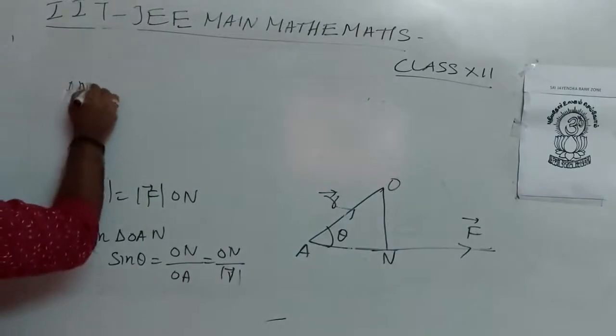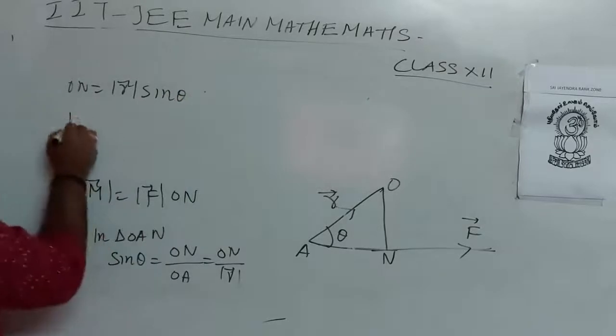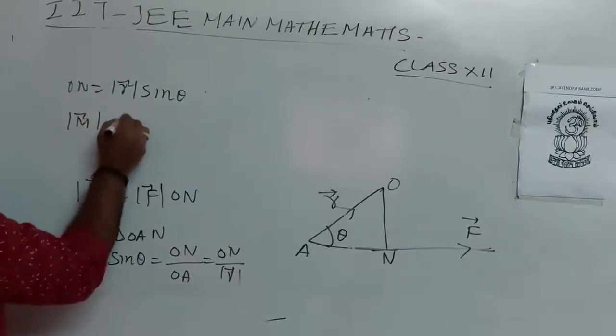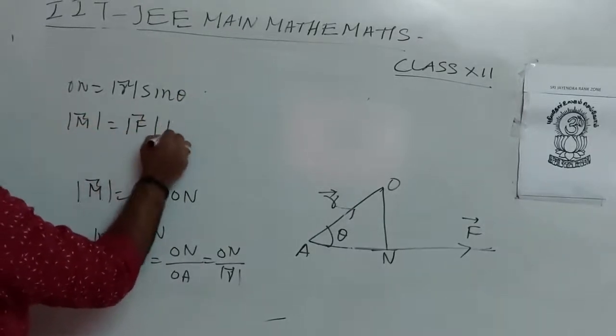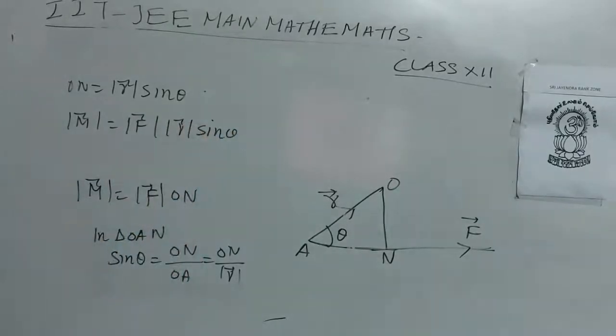So ON equal to modulus R sin theta. So modulus M vector equal to modulus F vector modulus R vector sin theta.